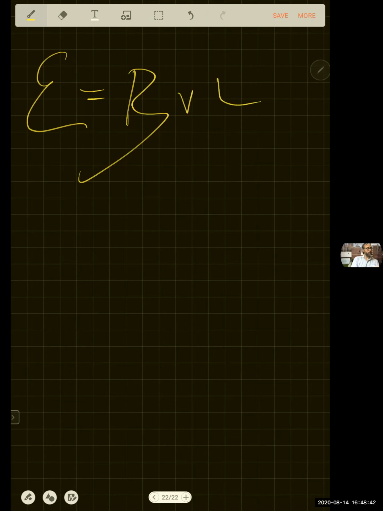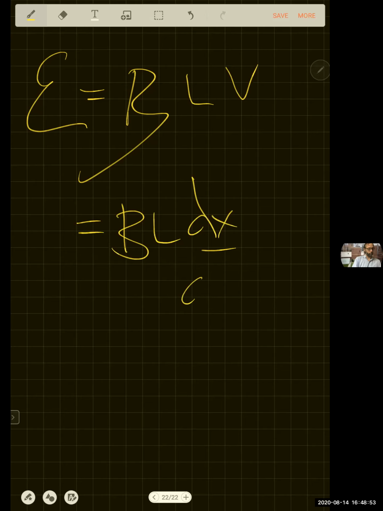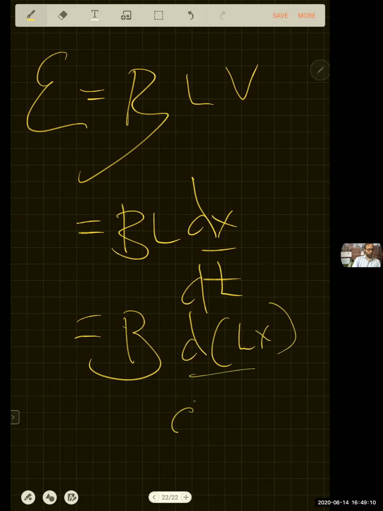Now, if I write it down like this, what is that? And that is, right, a constant times a derivative is the same thing as the derivative of something times a constant.